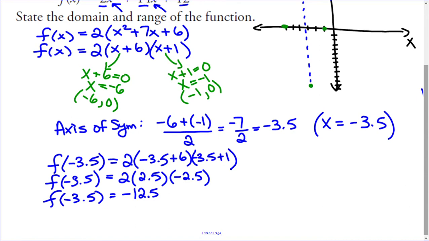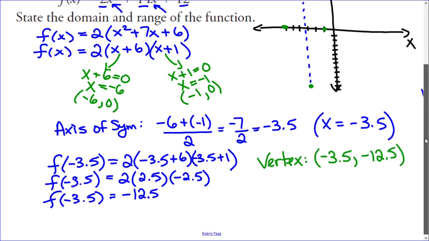Now keep in mind my low point, it crosses my axis of symmetry. I found out that it's at negative 12.5, and so my vertex, where this thing starts to change direction, looks like it's going to be at negative 3.5, comma, negative 12.5. And so that's 1 point.